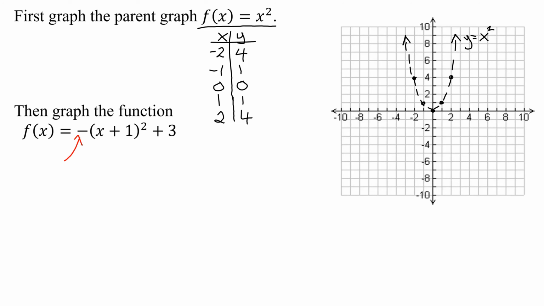Multiplying by a negative 1 outside, what does that do to the function? It's outside, so it is a vertical effect. And multiplying by a negative 1 is a reflection. So it's a vertical reflection in the x-axis.